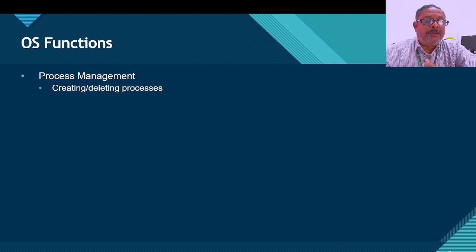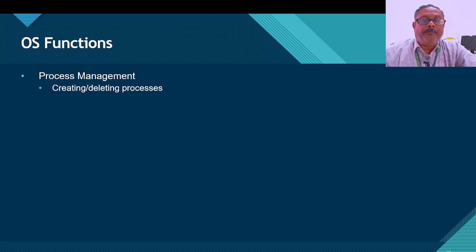But when we start executing it, then this code comes onto the main memory, and once it comes onto the main memory, it is named as a process because this process contains, along with the code, the memory to store the variables and the memory for the stack and all that.